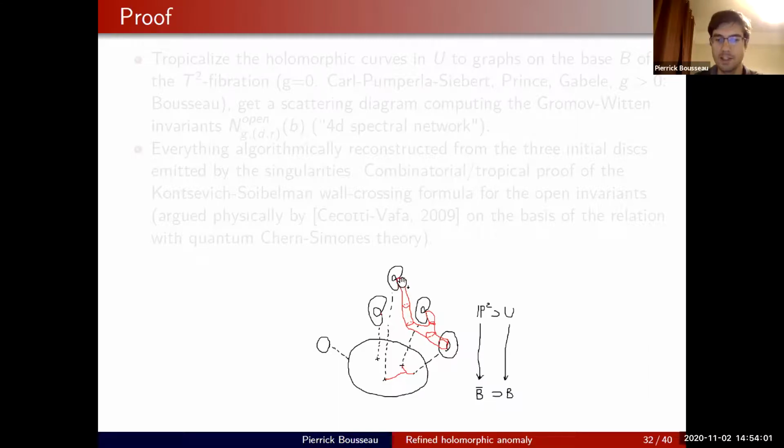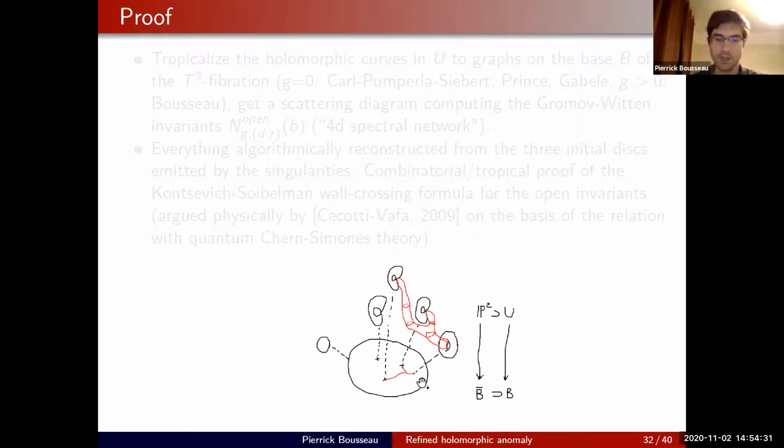Like there is a vanishing cycle at each singularity, which is some kind of basic building block for holomorphic curves. And then you construct more complicated holomorphic curves by gluing together these initial objects. And so at the end of the day, you will have a picture made of trees whose initial roots are at the 3 singularities and which combine in various ways to produce more complicated curves.